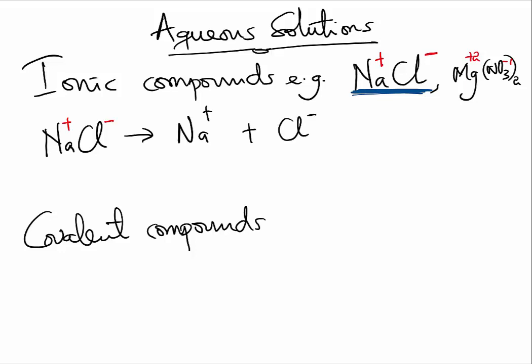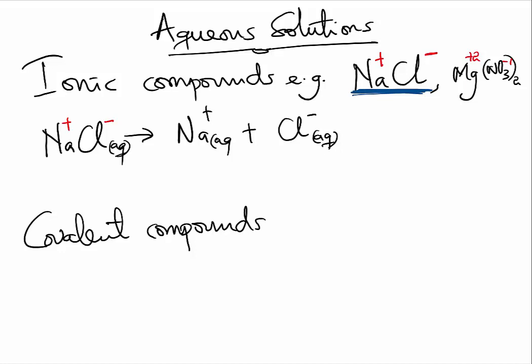It will break apart into the ions. Now, to indicate that this is occurring inside water, we will place aq as the subscript on all of them. This is what is happening in water, and I will show you why it is the way it is written.